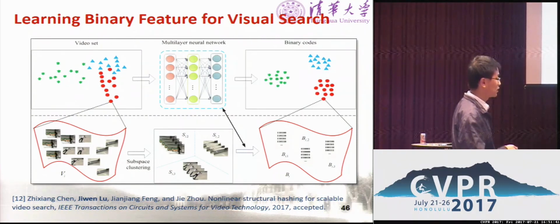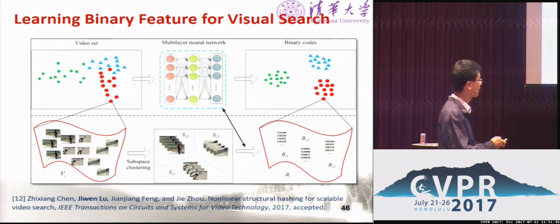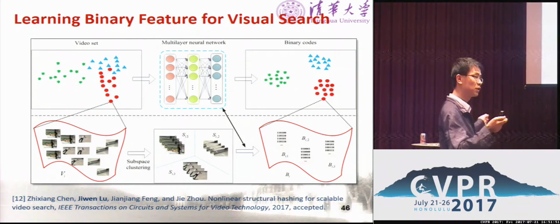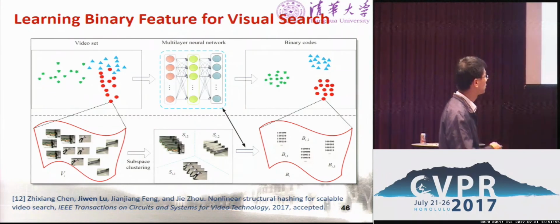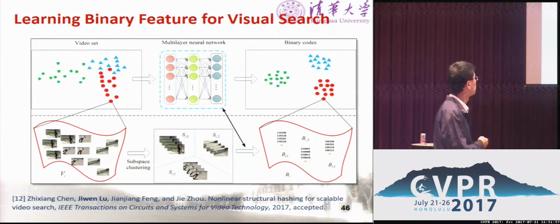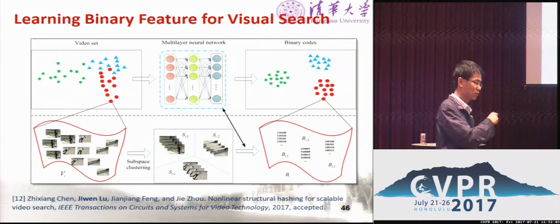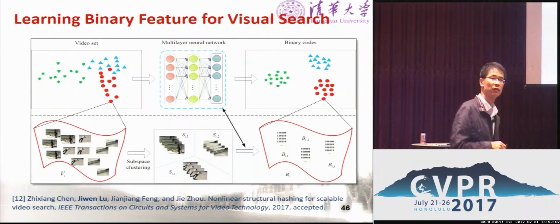Another video may be short, maybe 100 frames, so we can get another number of binary codes as a binary feature set. Then we compute the similarity between the two sets of binary feature matrices. Each set is described by several subspaces, and each subspace is described by binary feature vectors.